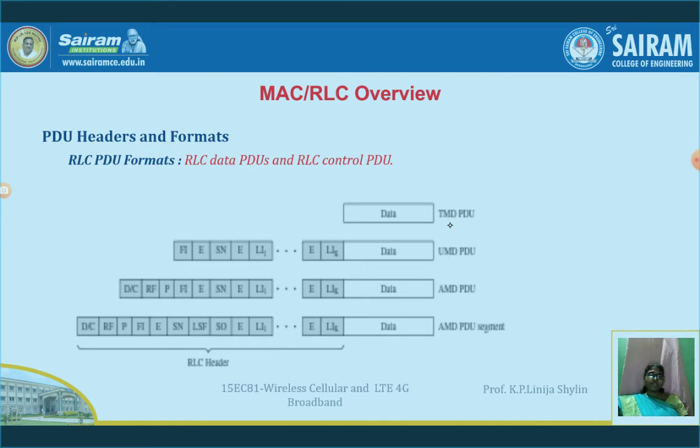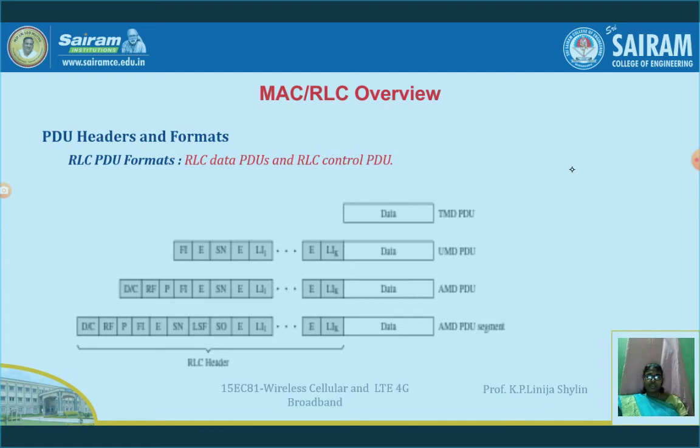We know that TMD PDU is the transparent mode protocol data unit, UMD is the unacknowledgement mode protocol data unit, AMD is the acknowledgement mode protocol data unit, and this is the acknowledgement mode protocol data unit segment. If you see the transparent mode protocol data unit, it contains only data. It does not contain any RLC header, only data, that we can see clearly.